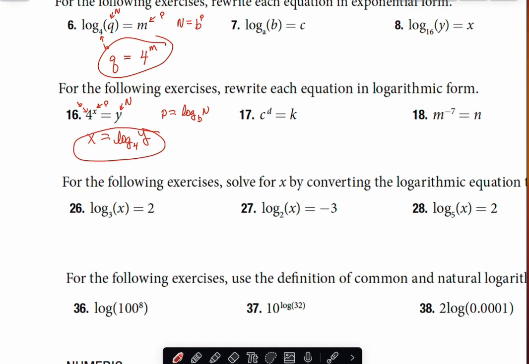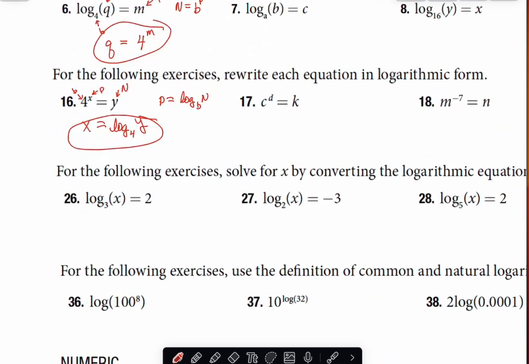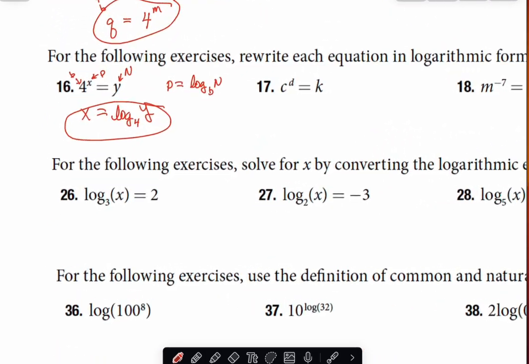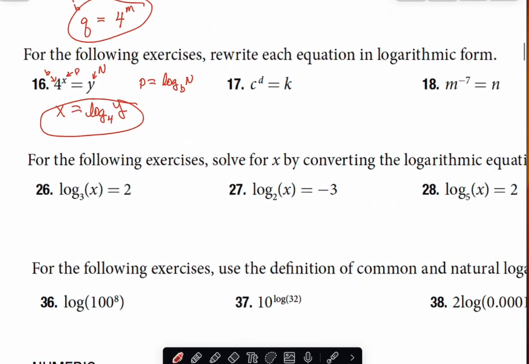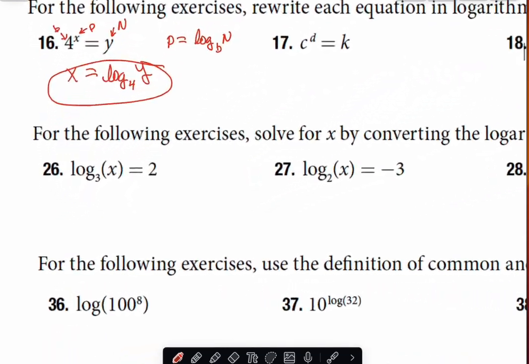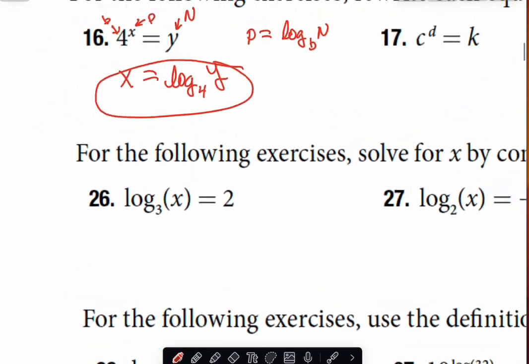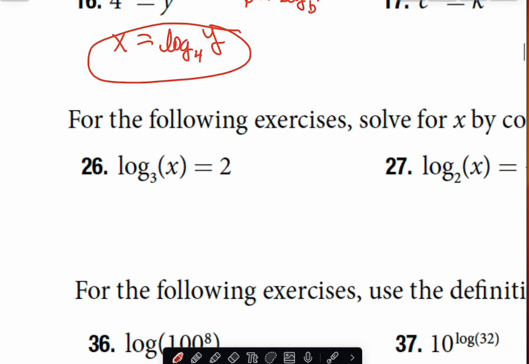Now, 26 through 29 says to solve for x, converting the logarithmic equation to exponential form. So we're going to use what we did in the very first problem to answer this question. This is our base, this is our power, this is our number.